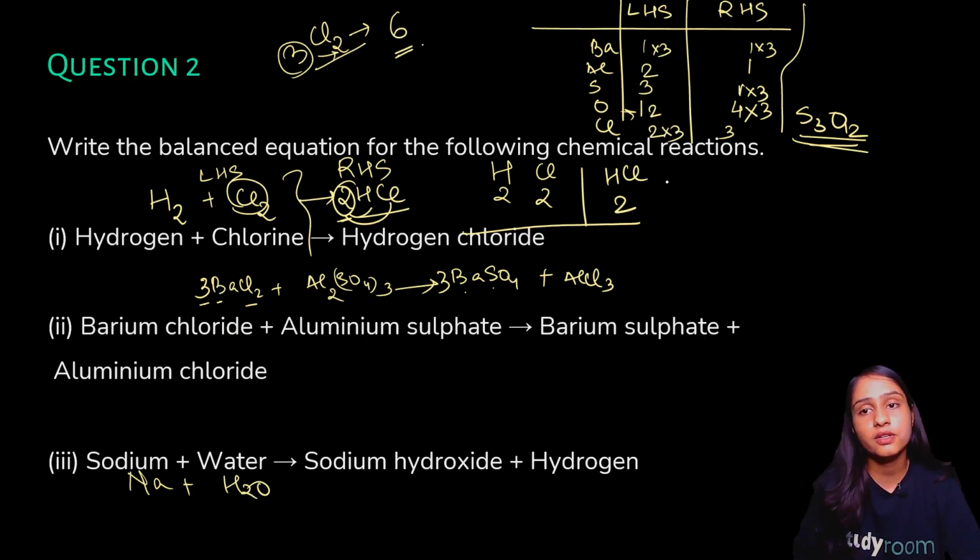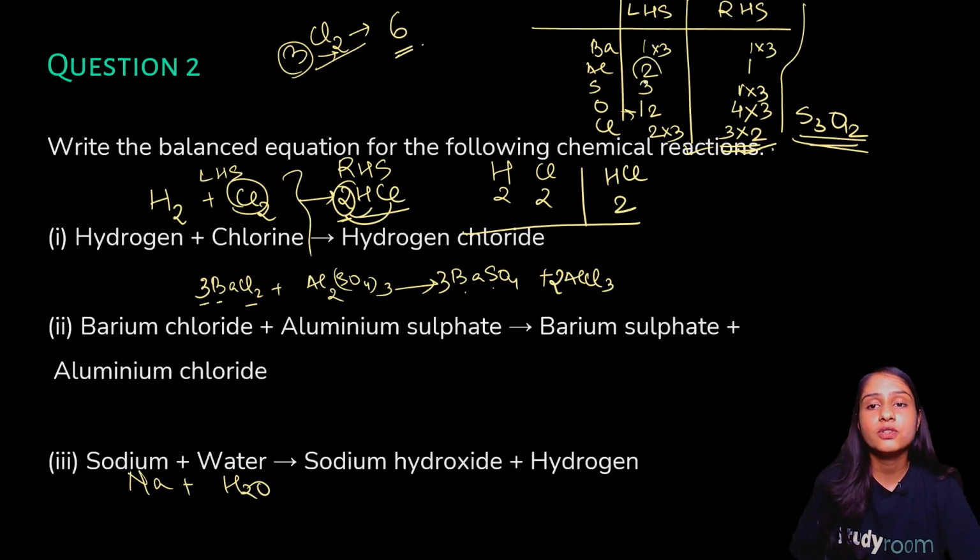So what will you do in the right hand side? You will add 2. Okay, so when you add 2 over here, the number of chlorine atoms is balanced. 6 and 6. When you add 2 over here, you need to check if the number of aluminium atoms got disrupted or not.